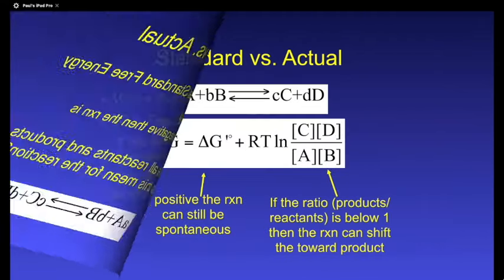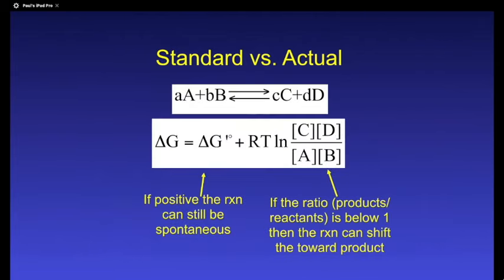If you go back to GChem 2, which is, I know, traumatic for some people, going all the way back to GChem 2, the adjustment is RT, natural log of the concentration of the products over the concentrations of the reactants, and each of those products are raised to a power based upon their coefficient.